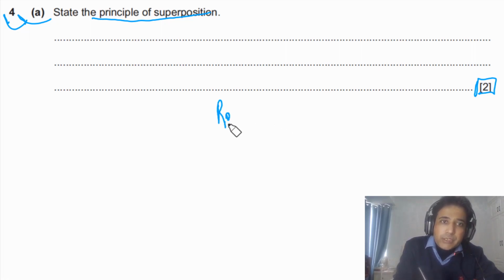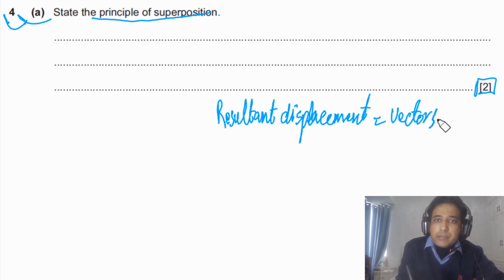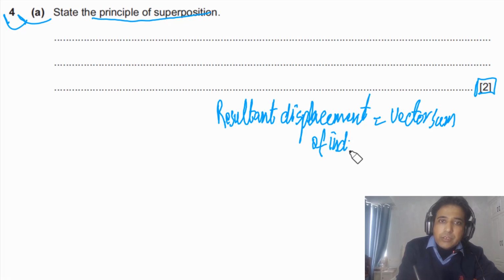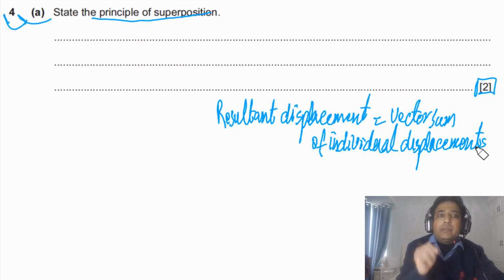So simply you can say the resultant displacement at any point is the vector sum of individual displacements. So this is how you can simply define the principle of superposition.